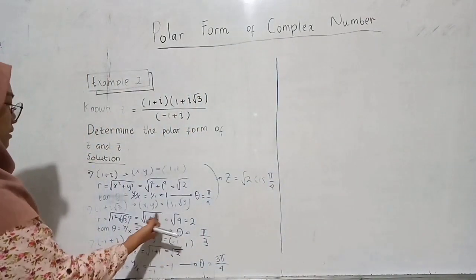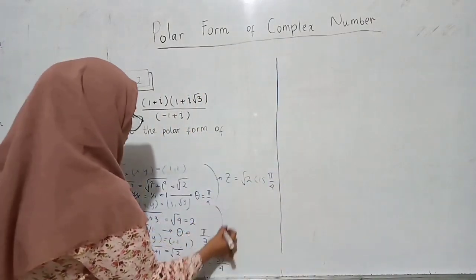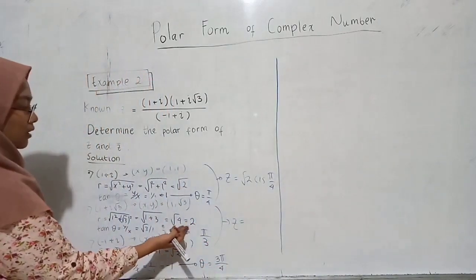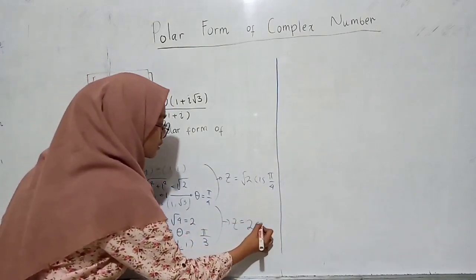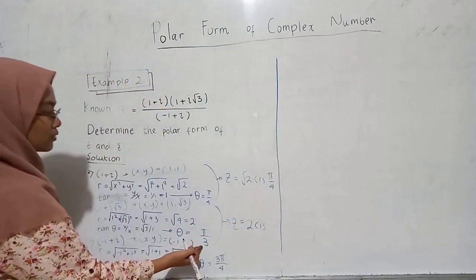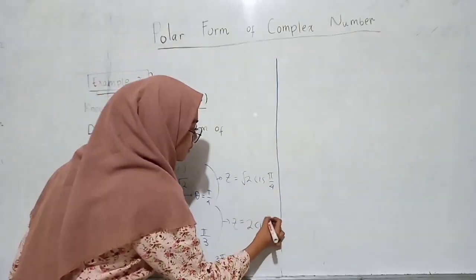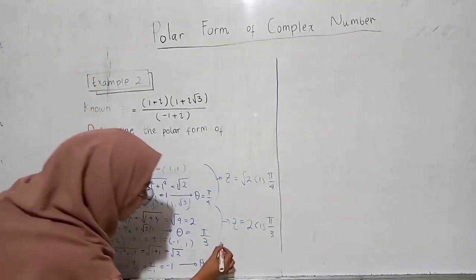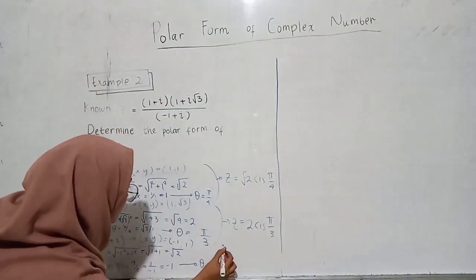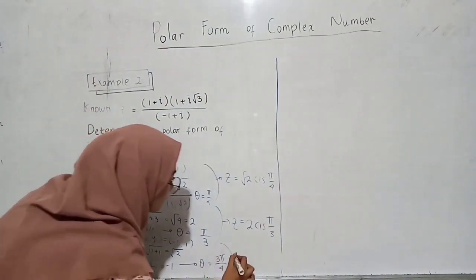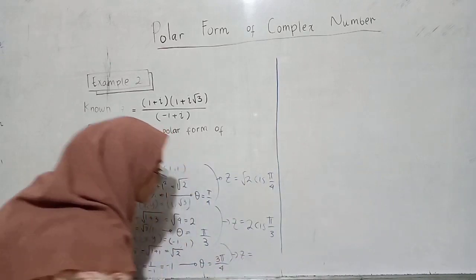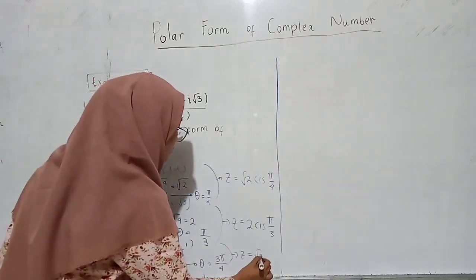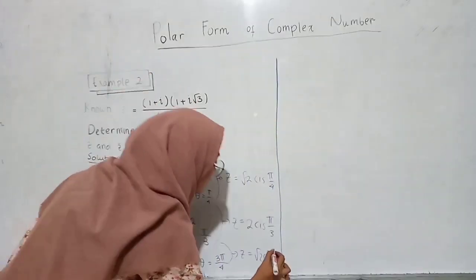And for part number 2, we get z equals r is 2, cis theta is π over 3. And the last part, we get z equals √2 cis 3π over 4.